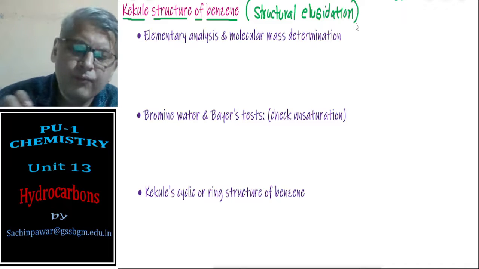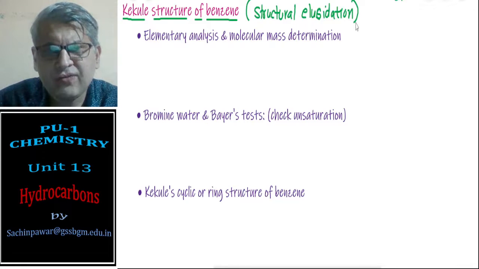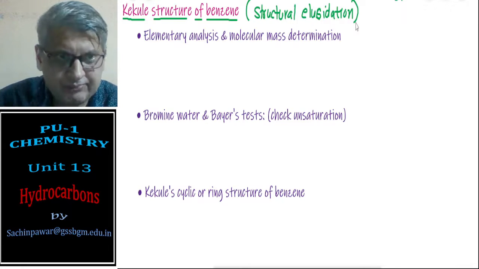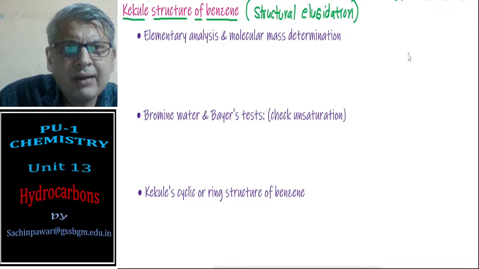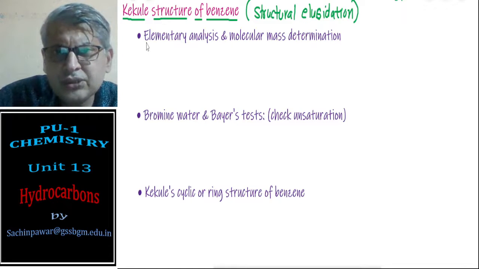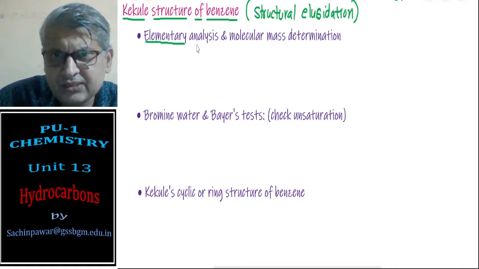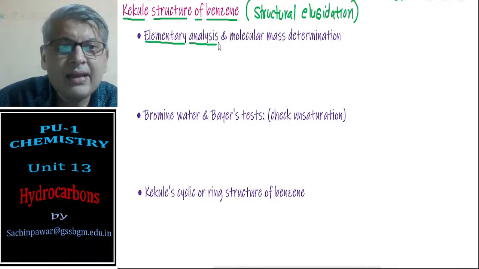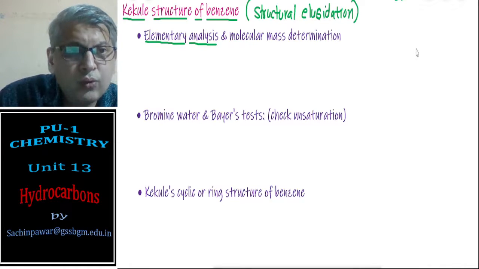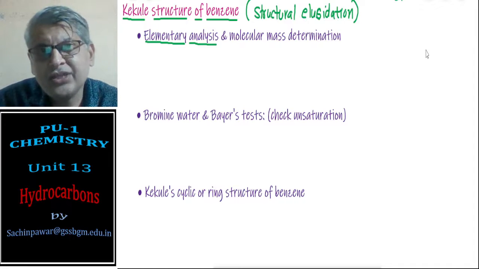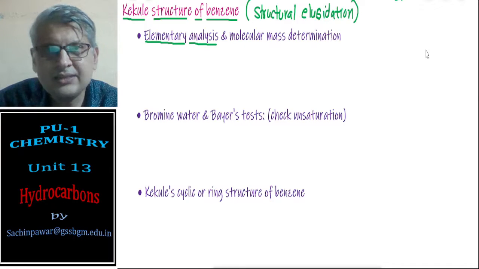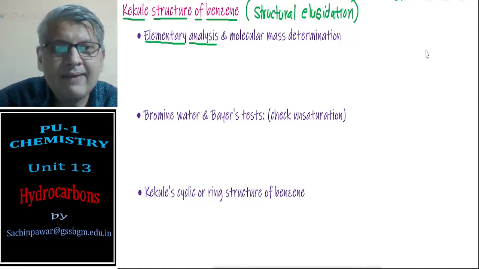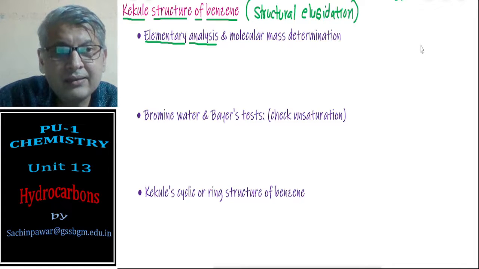Whenever we want to arrive at the structure of a particular compound, there are steps. First step is elementary analysis. Elementary analysis means detection of elements, known as qualitative analysis, and we determine which elements are present in the compound.